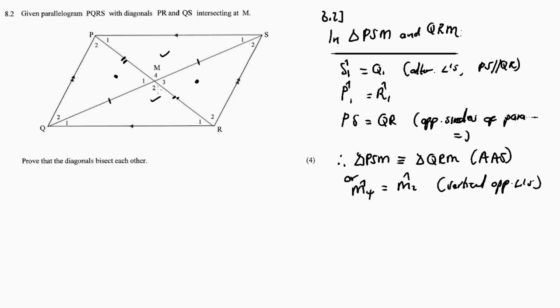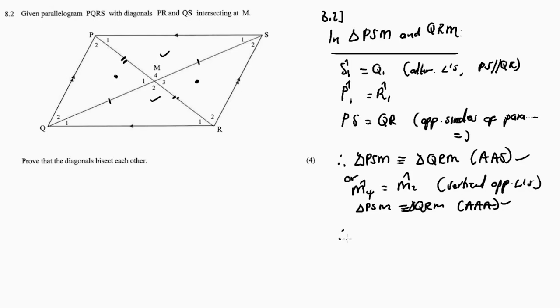This one is equal to this one. So therefore, triangle PSM is congruent to triangle QRM using angle, angle, angle. We can prove it this way.